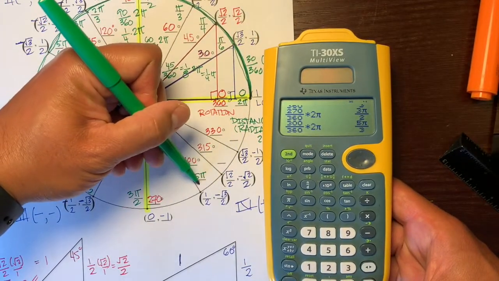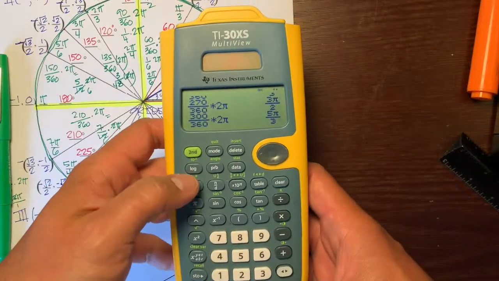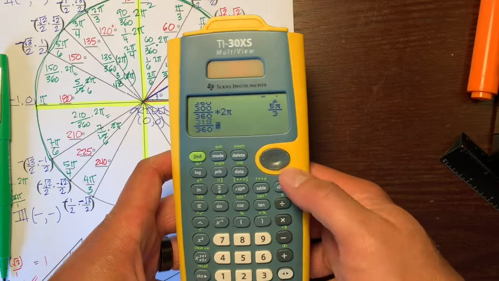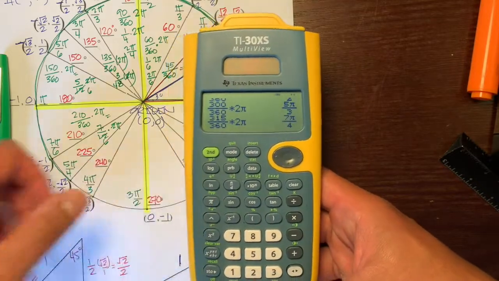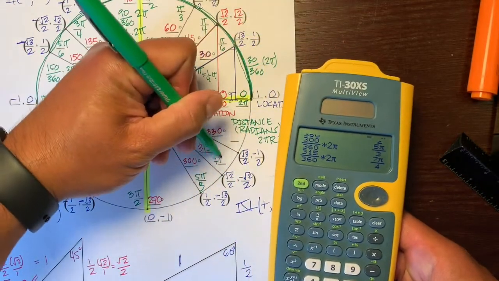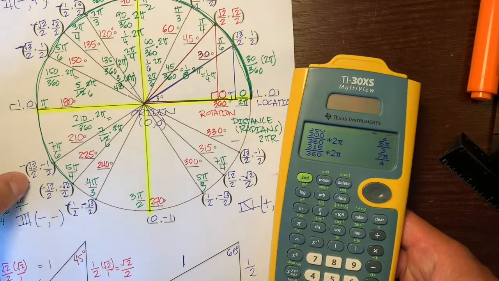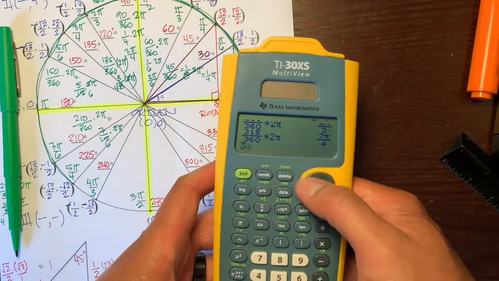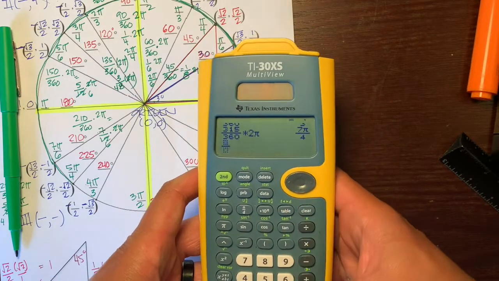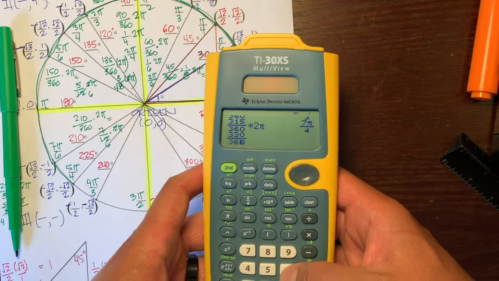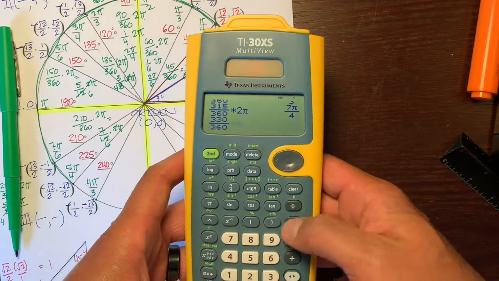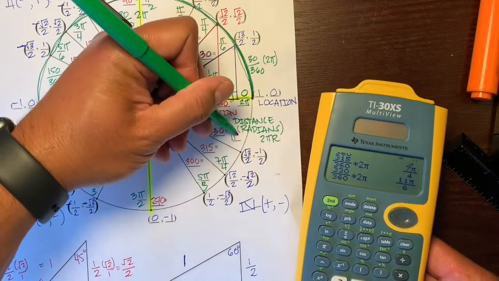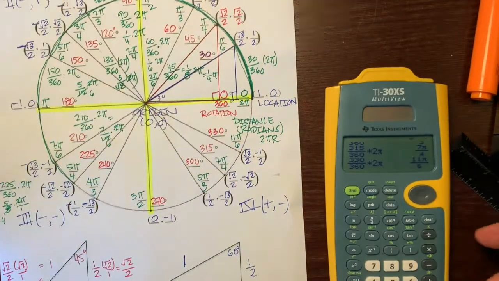Almost done. Okay, 315 over 360 times 2 pi is 7 pi over 4. And the very last one, 330 over 360 times 2 pi is 11 pi over 6.